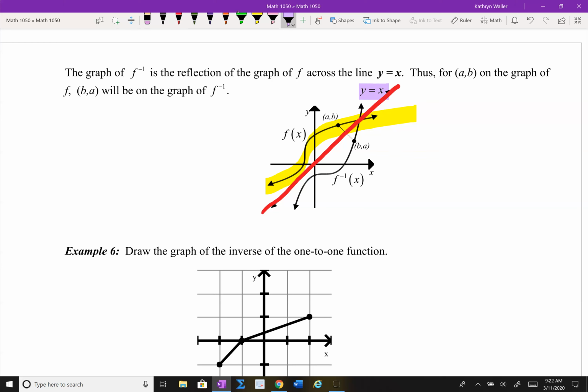So if you picked up that paper, and if you folded it across that red line, and if that pink was wet, right? When you folded it, where would it smear to? Well, it would smear over to that, and that's the inverse. So you just fold the paper along y equals x, it's reflected across that, and there's your inverse. Who says I understand that?